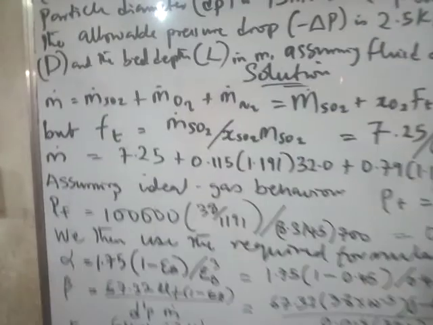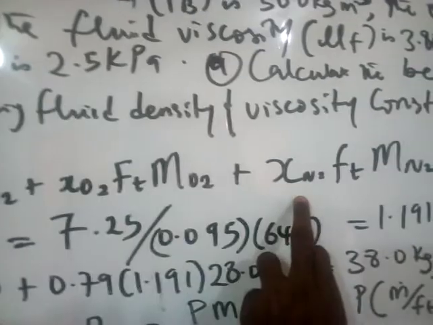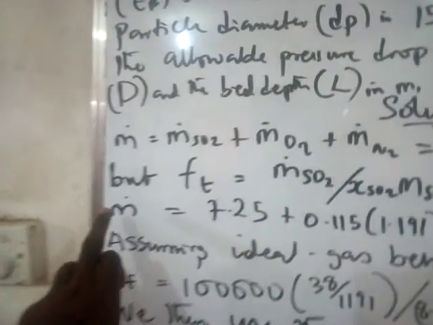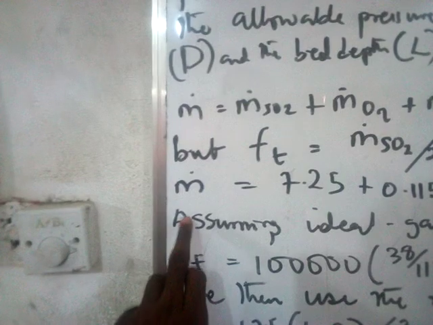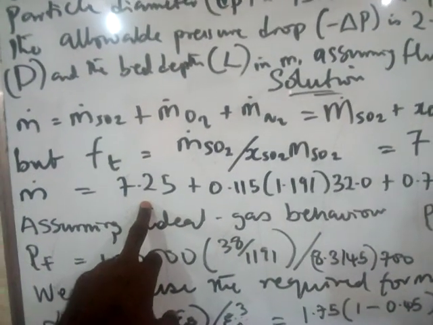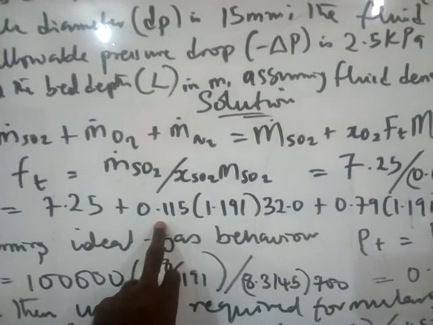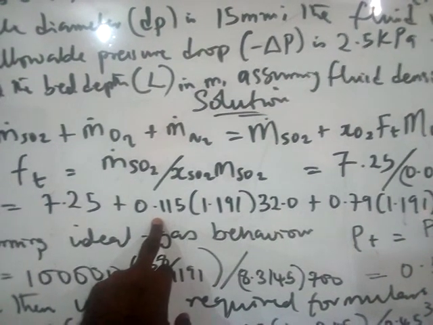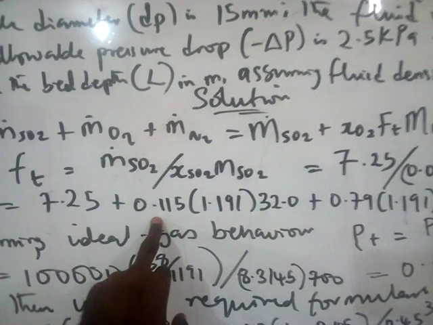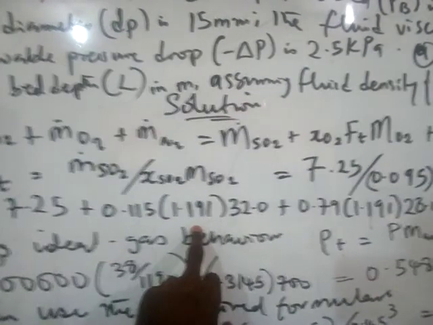So with the total feed rate known, we can use this very equation, this plus this plus this, to find the total mass flow rate. And that is what we did here, the total mass flow rate. This is the mass flow rate for SO2. Then for the mass flow rate of O2, we use the mole fraction of this, which is 0.115, times the total feed rate FT, times MO2.